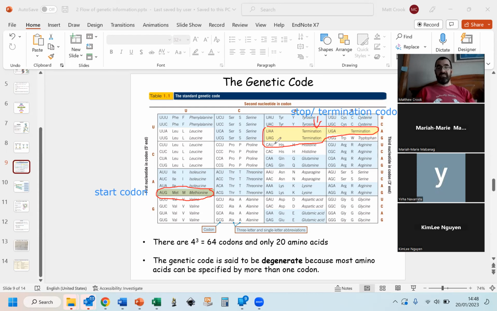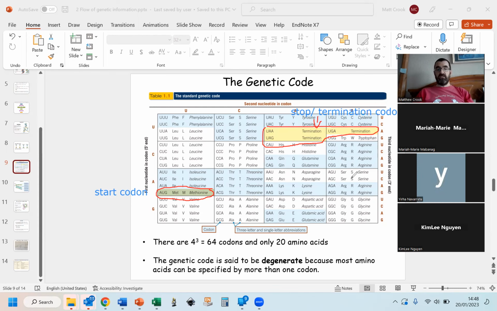So these are really important for stopping it where it's supposed to be stopped. But if one of these is generated through mutation, this is tragic and catastrophic, and it always results in the loss of function.